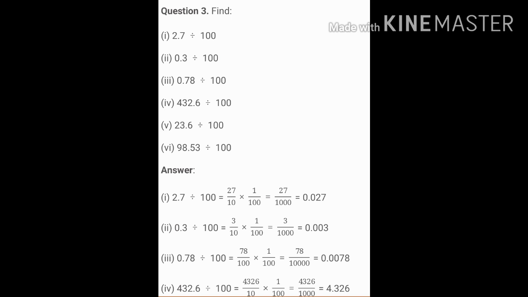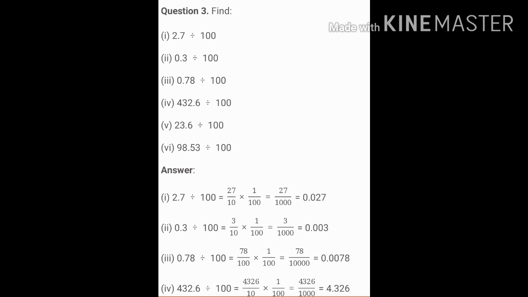We are going to convert this decimal into fraction, and on the right hand side, to convert, or we can say change the sign of division into multiplication, we are going to reciprocate 100 and make it 1 by 100. So it will be 27 by 1000. The answer will be 0.027.